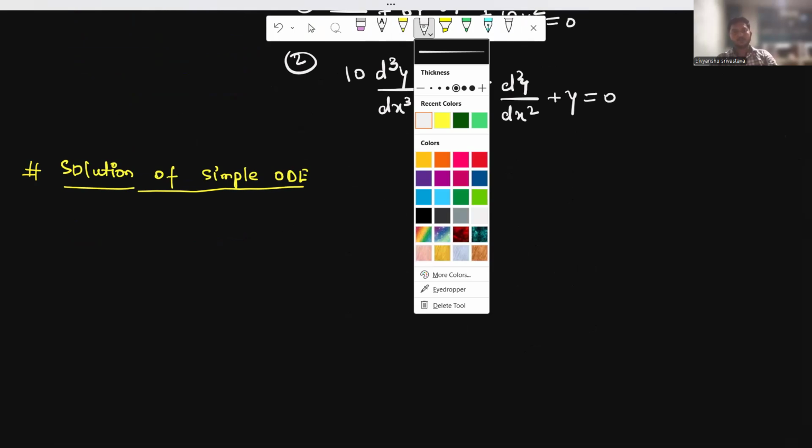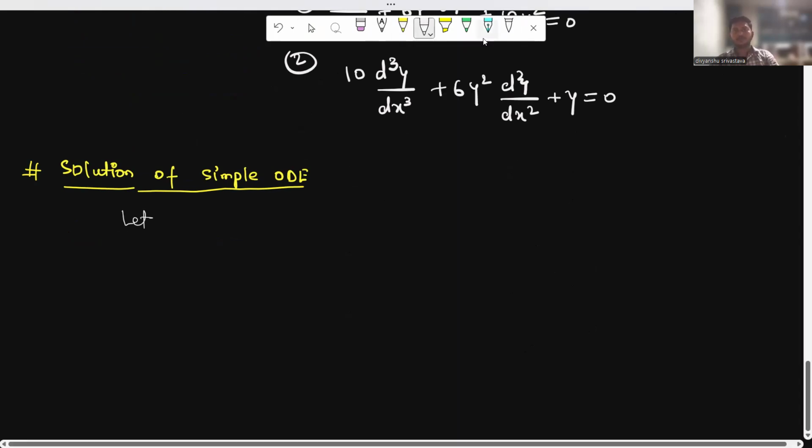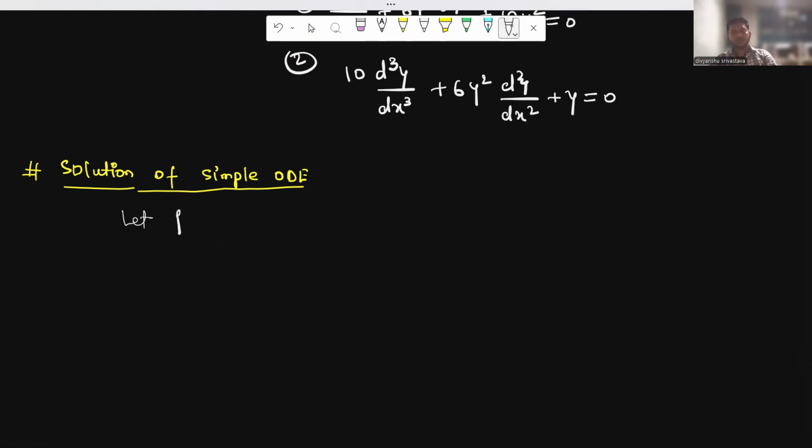Let f(x, y, y', up to y^(n)) equal to 0, where y is y(x), be a simple ODE.